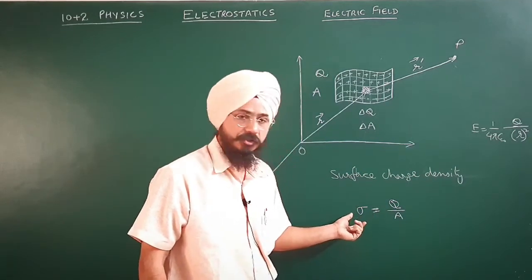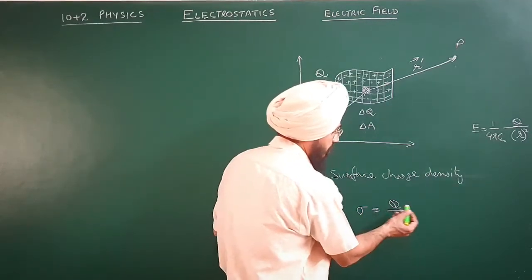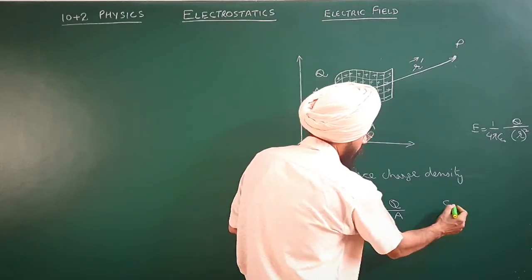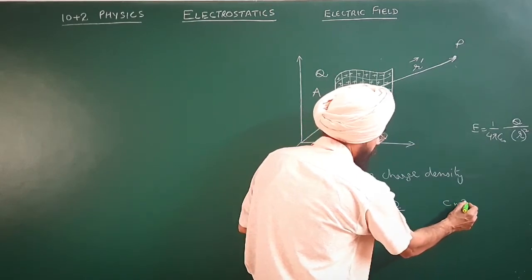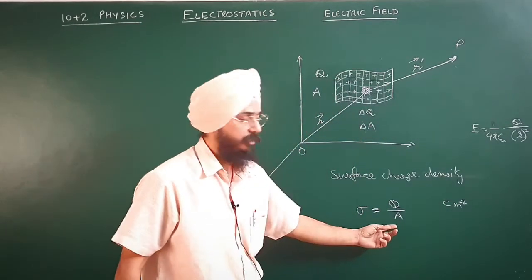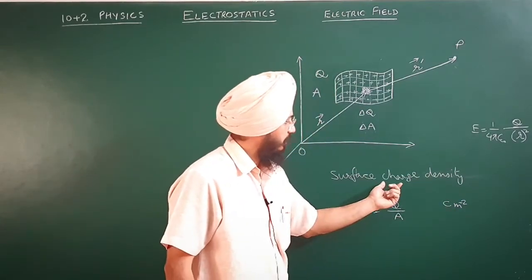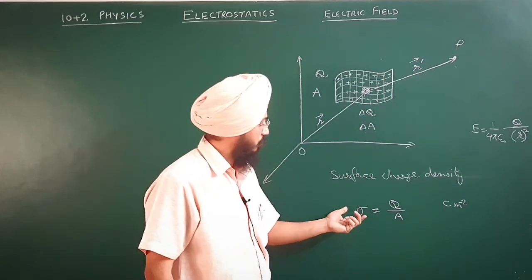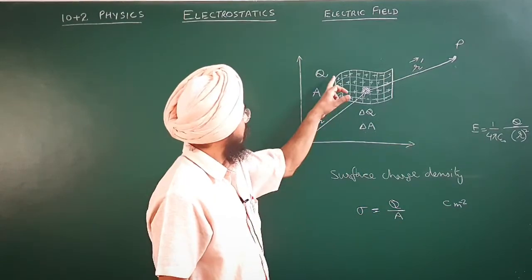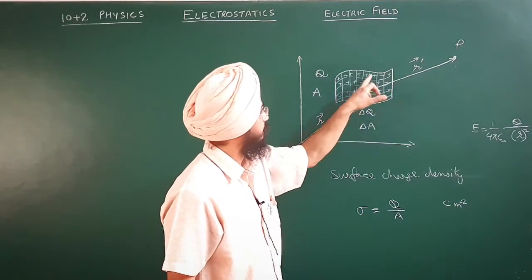So what will be its units? Its unit will be obvious: coulomb per meter square, because area is in the denominator. So how is this quantity useful? I have written this formula for the whole of this sheet.